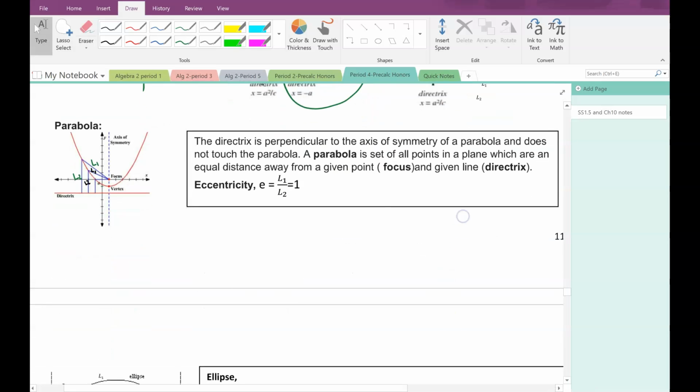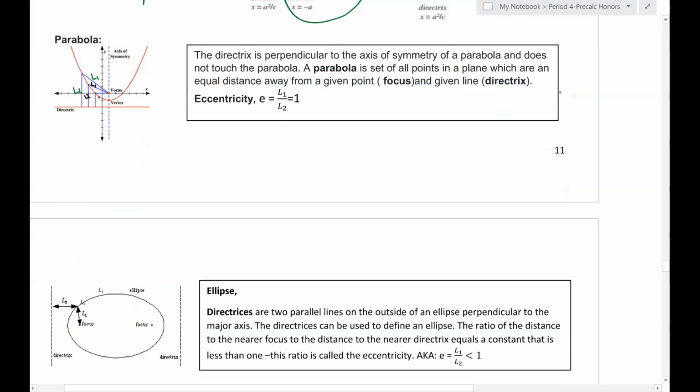Okay. And again, let's just recap. The directrix is perpendicular to the axis of symmetry of a parabola and does not touch the parabola. A parabola is the set of all points in a plane which are an equal distance away from a given point, which is the focus, and a given line, which is the directrix.